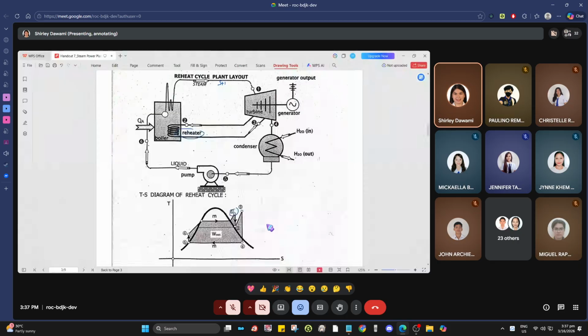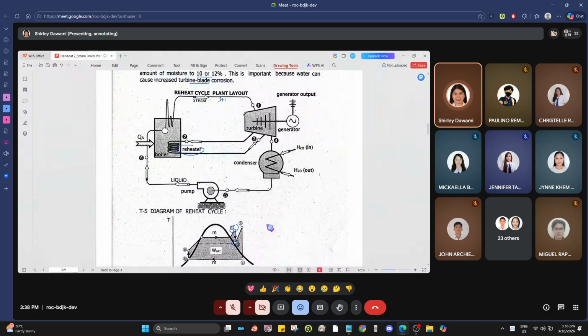Process 2 to 3, the reheater. Looking at point 2, it's still vapor, almost at saturated vapor, meaning its energy content is still relatively high. Unlike in the Rankine cycle, where after it has been completely expanded in the turbine its energy drops and it becomes wet steam, here in the reheat cycle it's only partially expanded, not fully expanded.